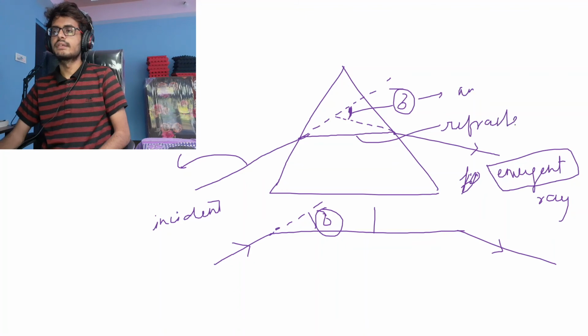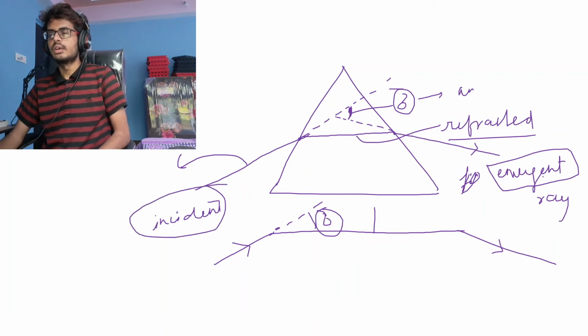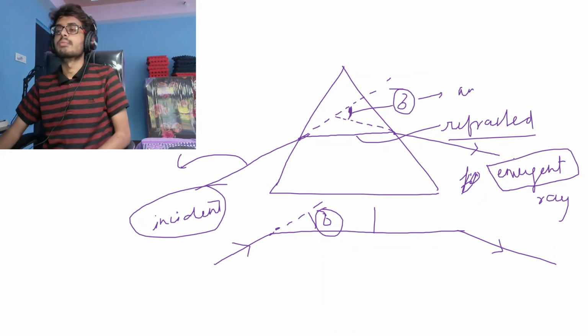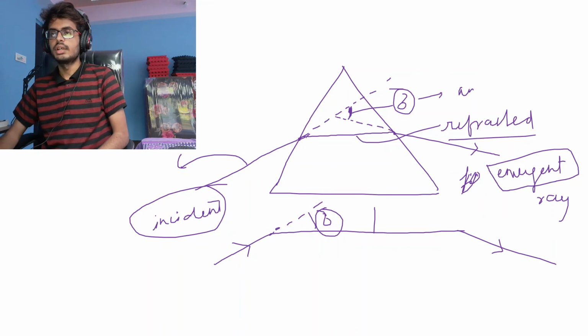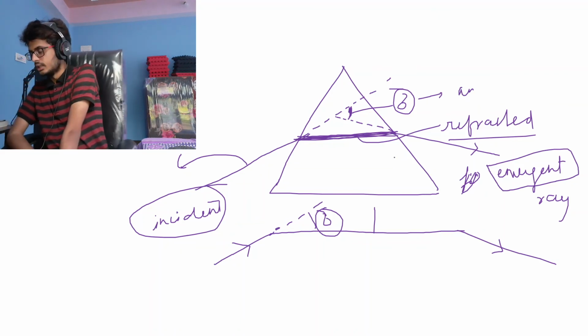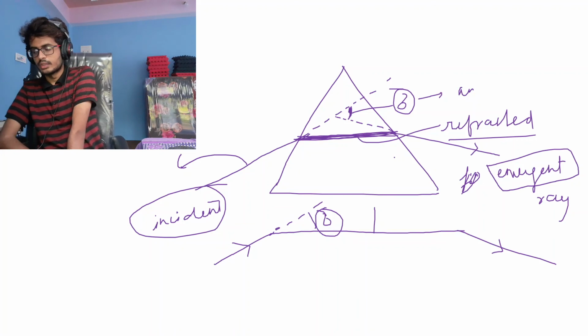So here the refraction happens, right? Refraction is happening here, so this is the refracted ray. We call the first ray, the ray that is incident, the incident ray. The final ray that is coming out is known as the emergent ray, the ray that emerges out. And the ray in between is known as the refracted ray, right? So is this clear? The notation, is it clear?